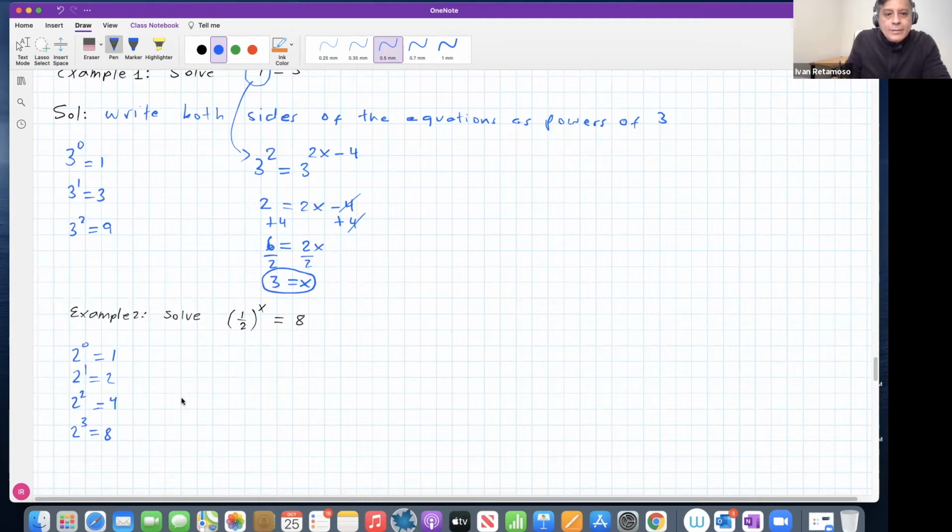Which is here. So let's use this and let's rewrite this 1/2 raised to x equal 2 to the third. But now notice 1/2 is this 2 raised to minus 1, right? Remember this minus 1 tells you flip the base, raised to 1. 2 raised to minus 1 is 1/2, right? So this kind of goes up here as 2 to the minus 1, if you prefer. And what is important is this, minus 1 times x, minus x equal to the third.